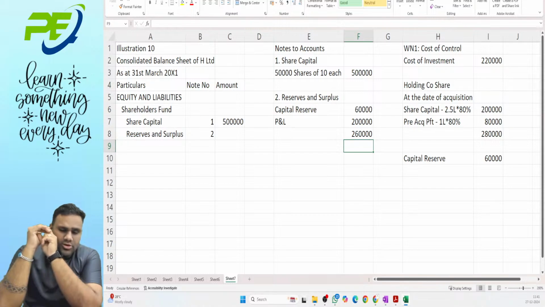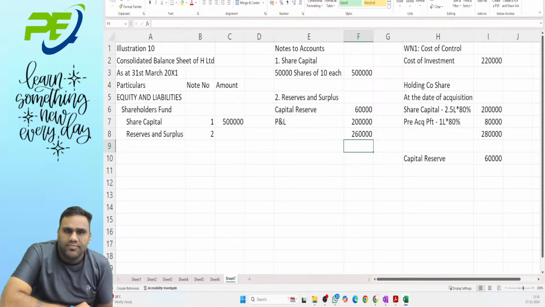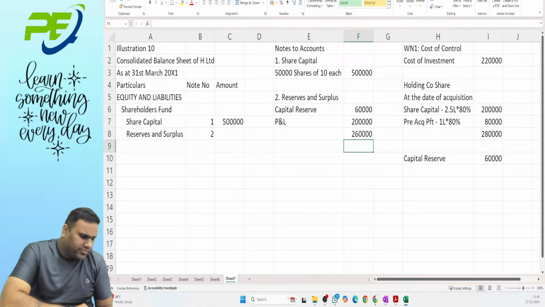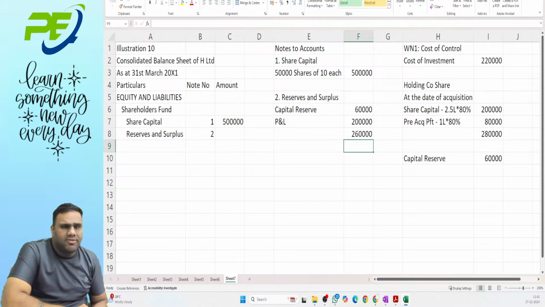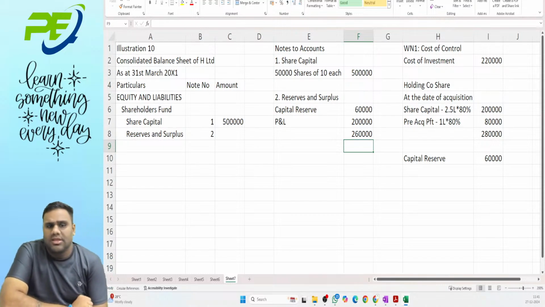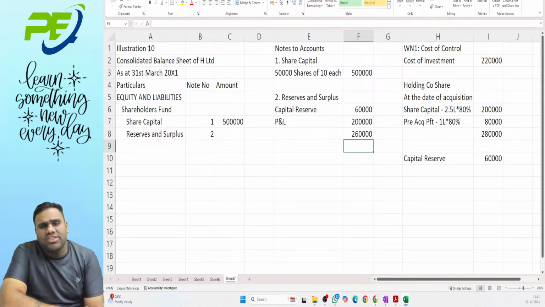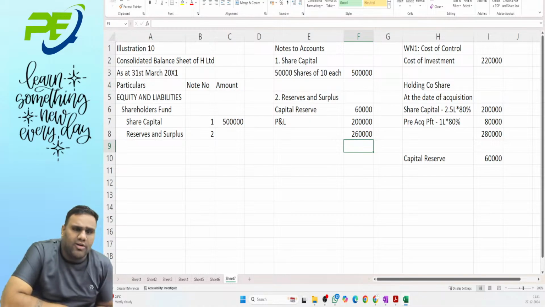4.3. Yeah. So for reserves and surplus, we will consider holding company's reserve and holding company's share of post acquisition reserve of the subsidiary.